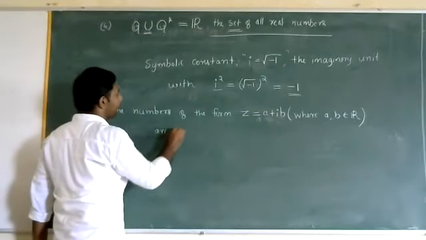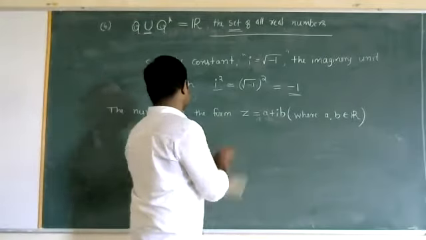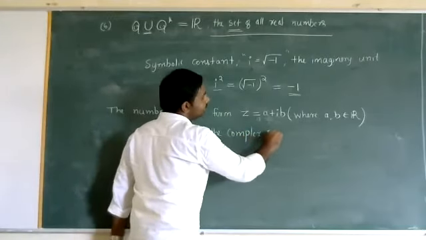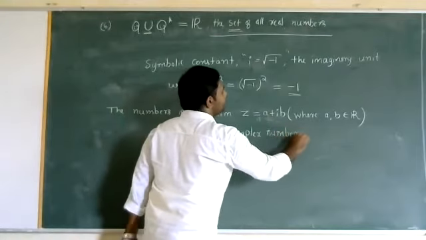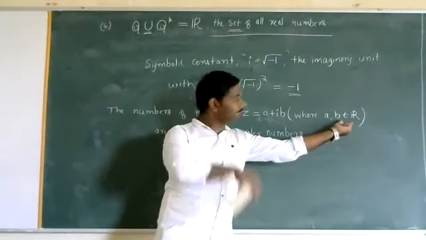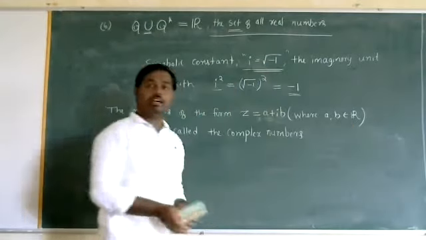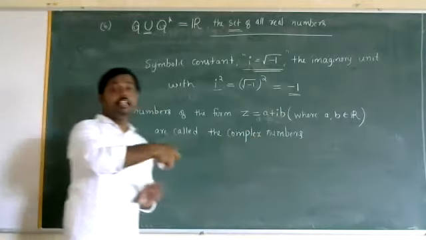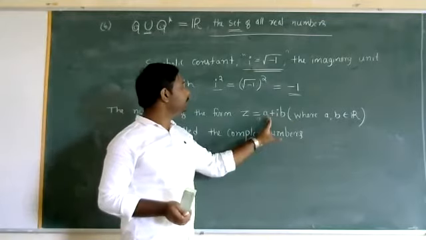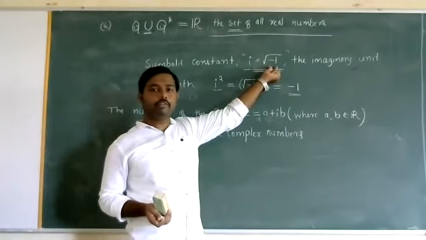Here a and b are real numbers and i is the symbolic constant square root of minus 1.